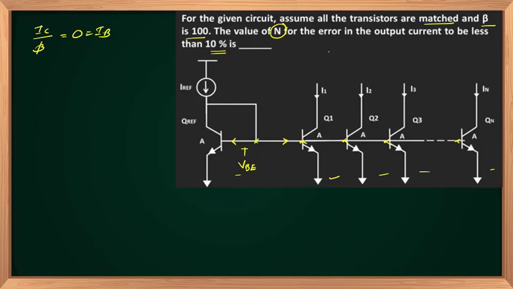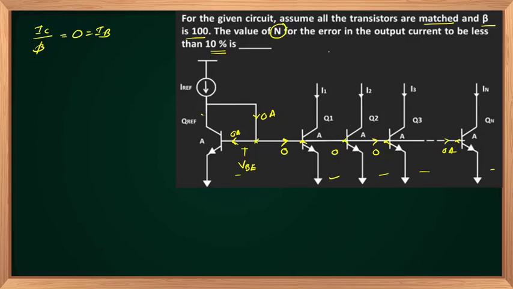So in the ideal case, with infinite beta, 0 base currents imply 0 ampere at each base. So this branch current will be 0 amperes. It's the sum of all base currents; individual base currents are equal to 0, so the sum should also be equal to 0.